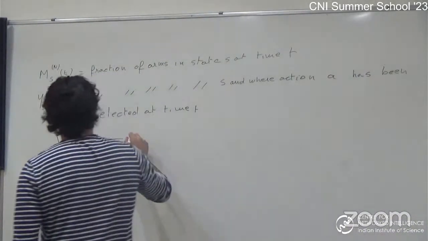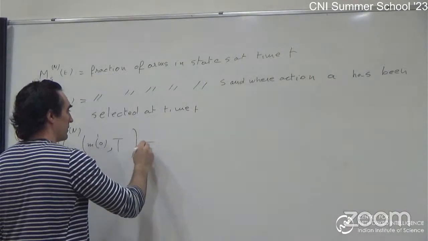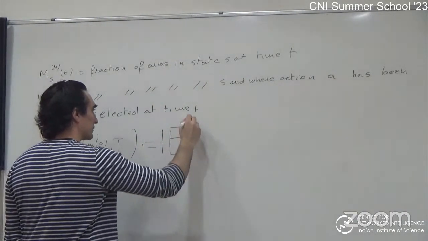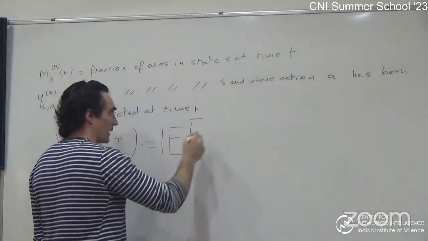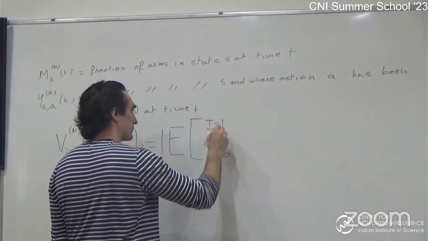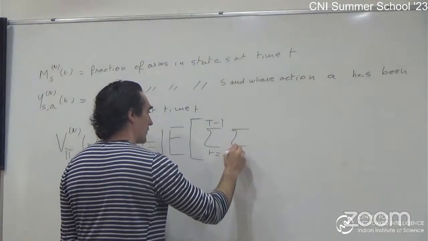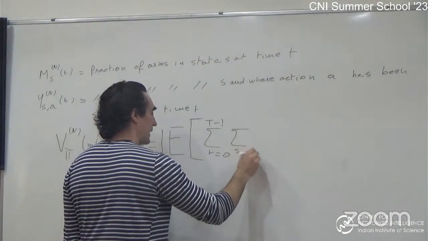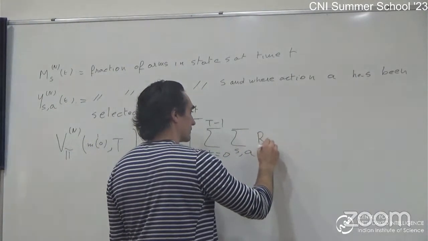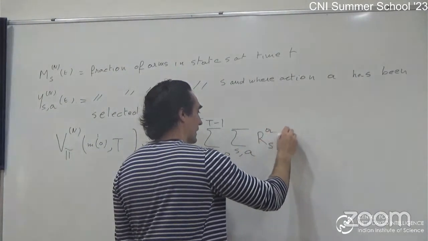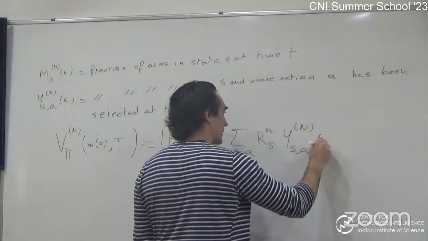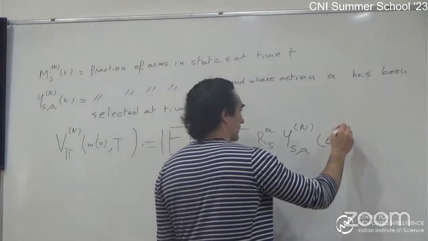Which is equal to the expectation of the summation over t, summation over s and a of my reward r(s,a) and Y(s,a).